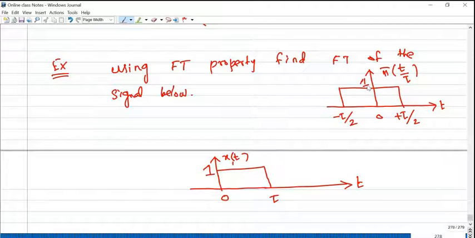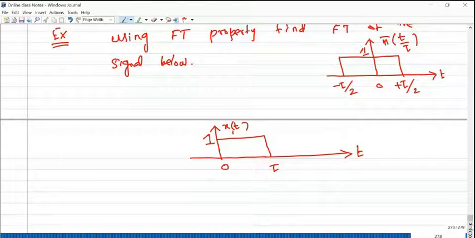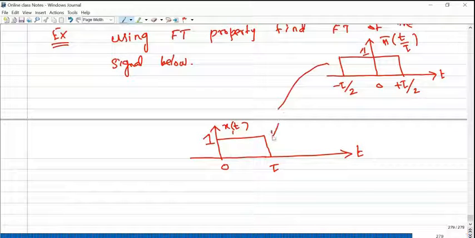So for this signal, we know the answer. So can we rewrite this particular signal in terms of the standard rectangular pulse? Any idea?